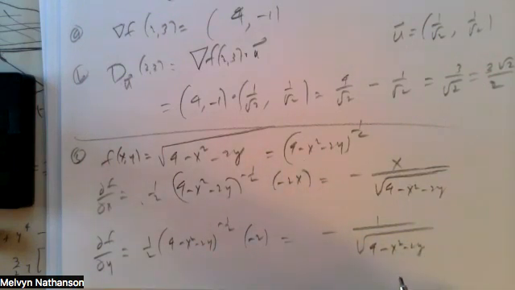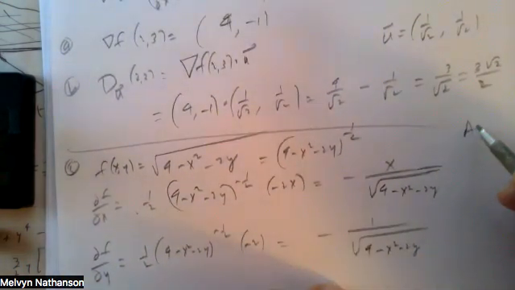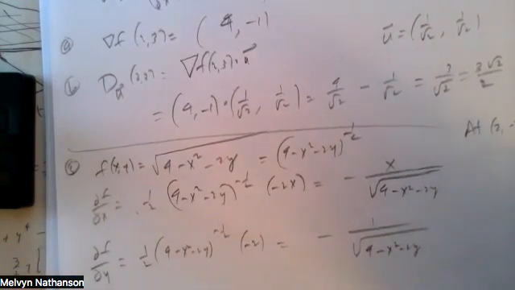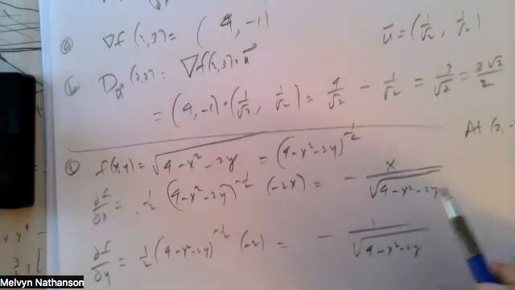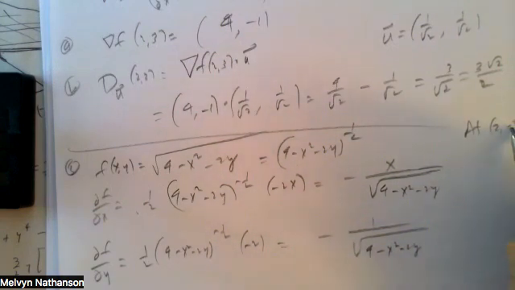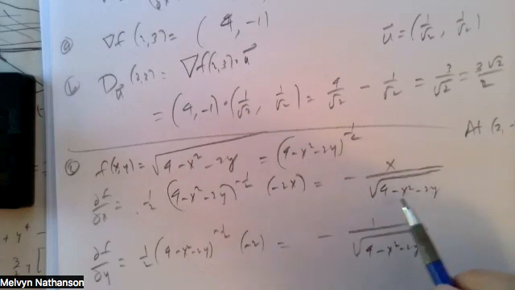And if I want the gradient at the point x, y equal to 2, minus 2, let's see, what is that? When x is 2, x squared is 4. When y is minus 2, minus 2y is plus 4. So I get 4 minus 4 plus 4. So this denominator is the square root of 4, which is 2.